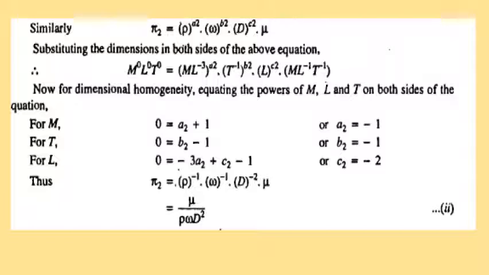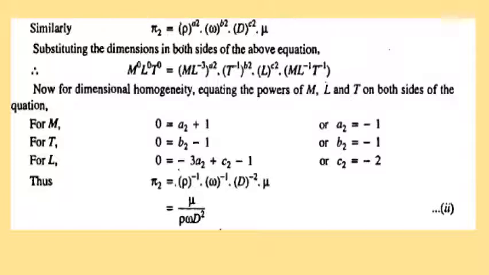Then one more M term you are getting at viscosity, so that is M, taken as just 1, as there is no power here. So after simplifying that, A2 is equal to minus 1. Similarly, you have to equate the powers of T as well as L here.